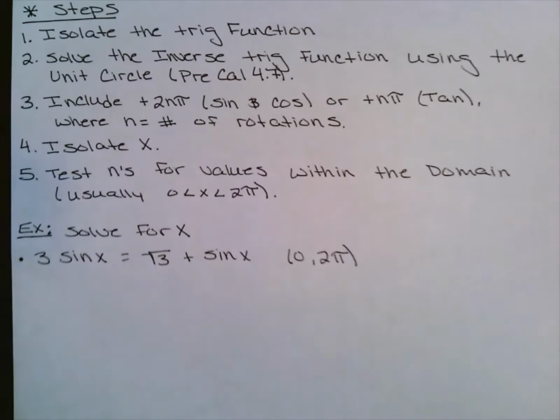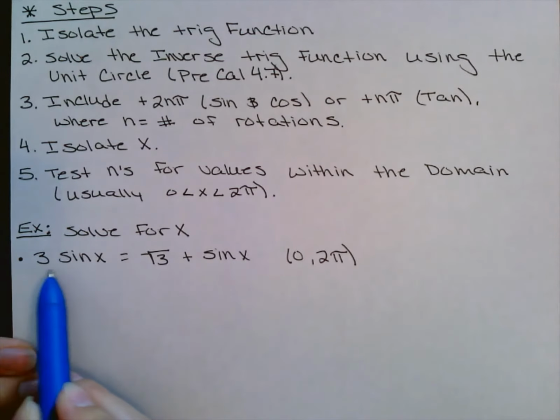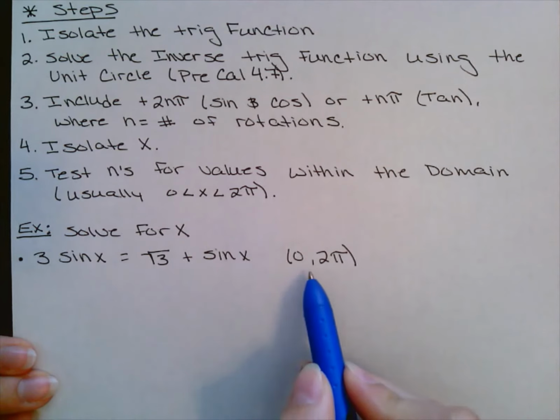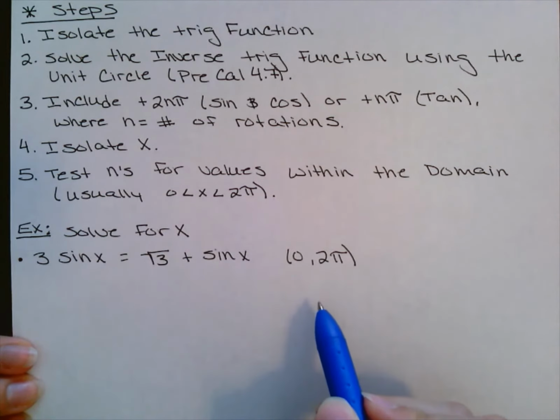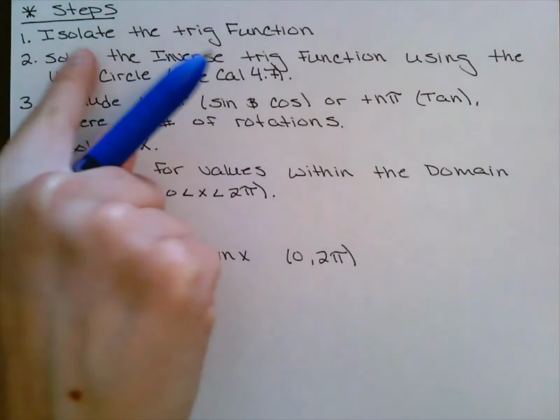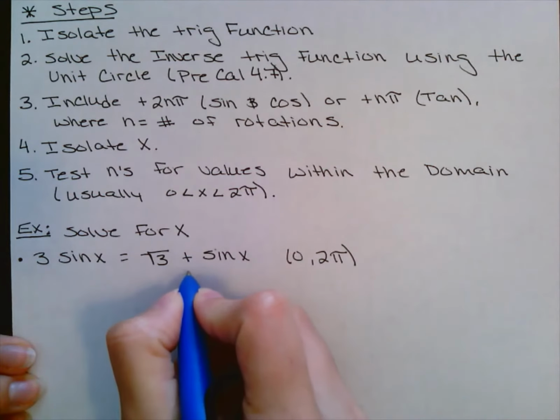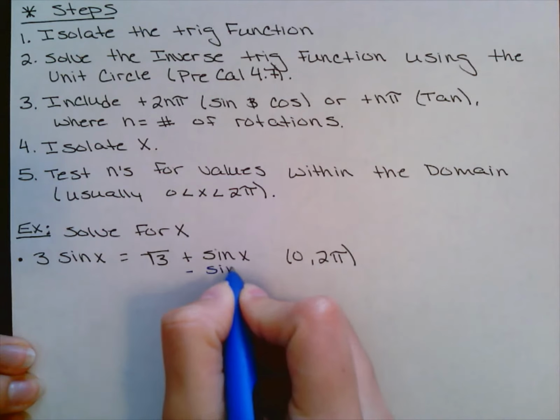Okay? Here's my first equation. 3 sine of x equals square root of 3 plus sine of x. And my domain is from 0 to 2 pi. So step 1 is going to be to isolate the trig functions. I've got 3 sines here and one of them over here, so I'm going to subtract the sine from both sides.